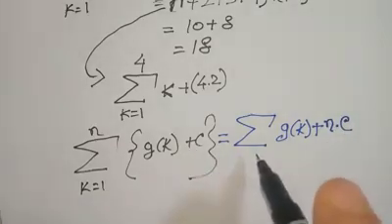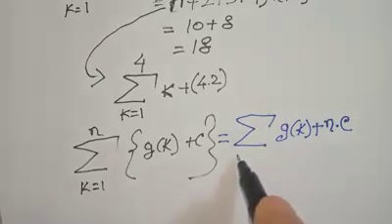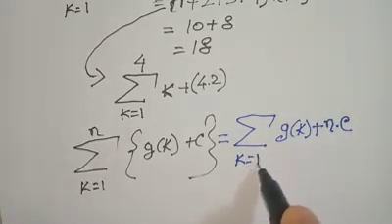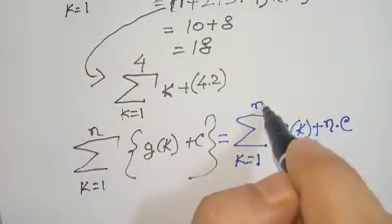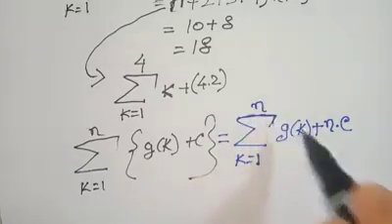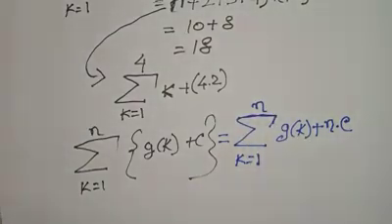And now I write that k equals 1 and it goes up to n. So this is another way in which we have generalized those terms.